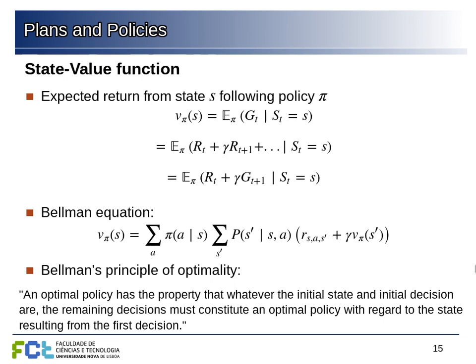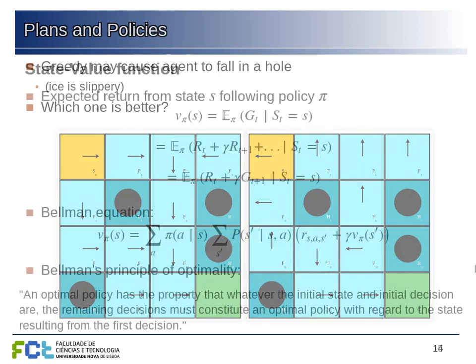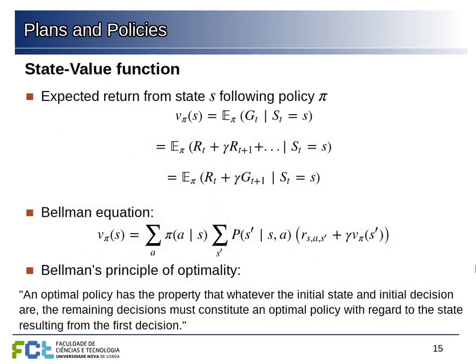So this would give us the Bellman equation, which says that for the state S following policy pi, we can sum over all the possible actions taken in state S, given the probabilities by the policy. So remember that in this particular case, we are assuming a deterministic policy, so this would only be one action, but for a more general case, the policy can be 90% chance try to go west, 10% try to go north, or something like that.